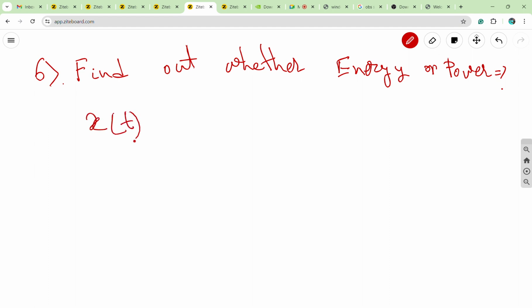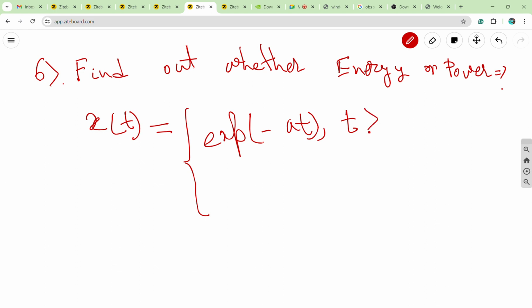So the signal is actually like this. It is exponential of minus at for t greater than or equal to 0 and 0 otherwise.